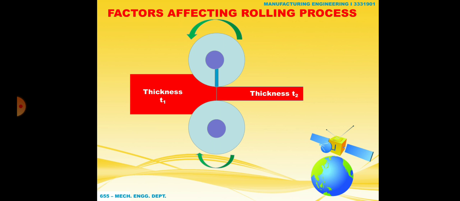Now the angle between the point at which the workpiece comes in contact with the roller and the point where it leaves the roller is known as the angle of contact, and between contact and leaving there is friction. V1 is the initial velocity of the workpiece and V2 is the exit or final velocity of the workpiece which is coming out.